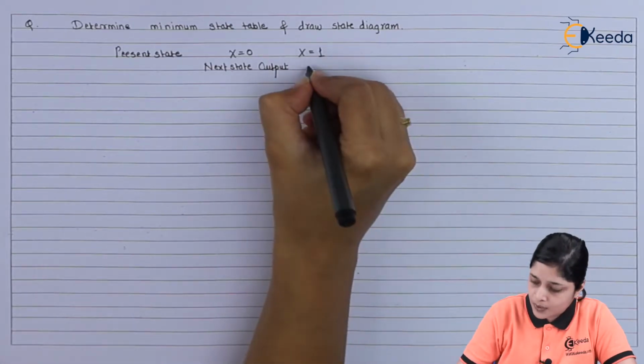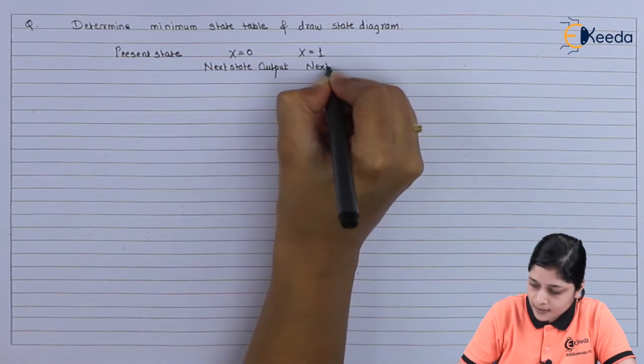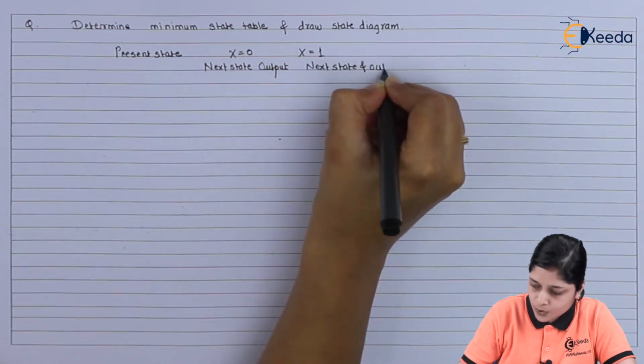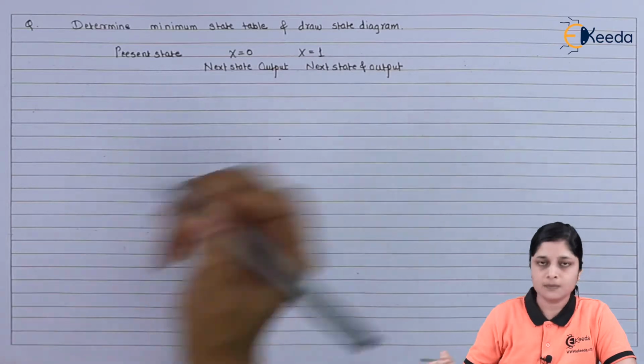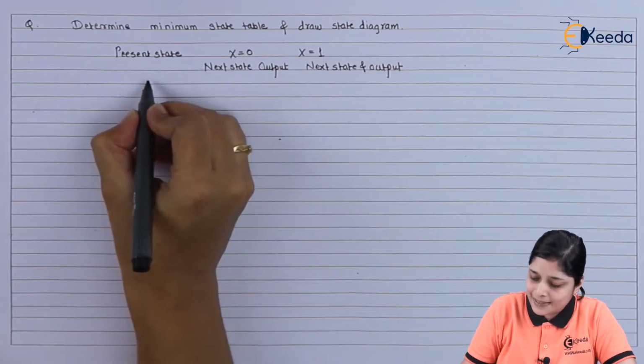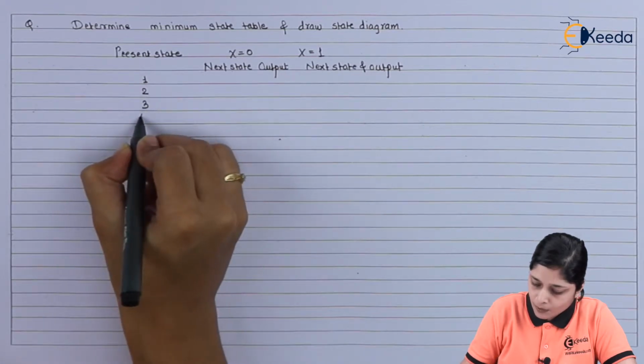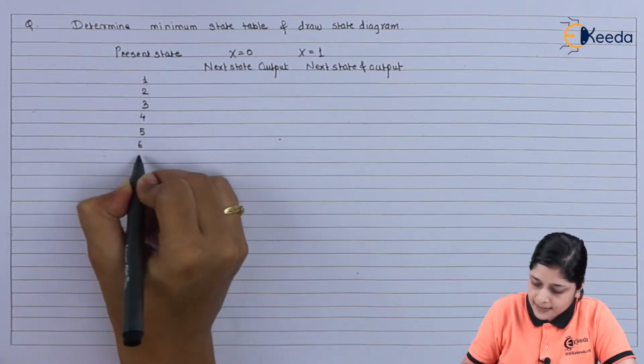Here also, next state and output are given. The present states given are 1, 2, 3, 4, 5, 6 and 7.